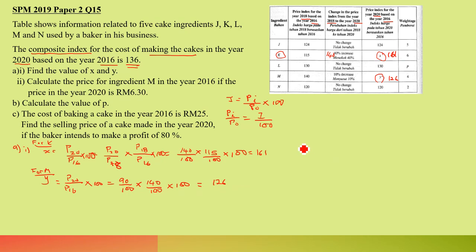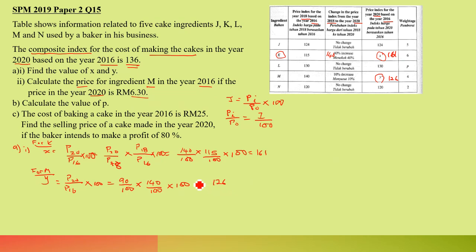Question 2. Calculate the price for item M in year 2016 if the price in 2020 is this. Okay, for M we already found the value for 2016 to 2020 is 126. That's your index.